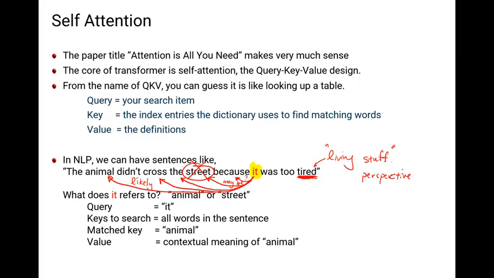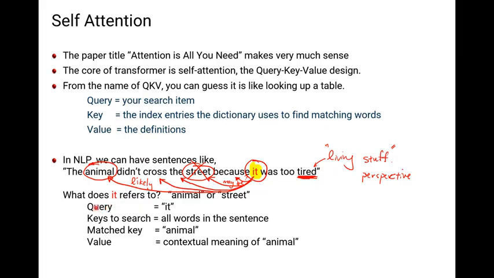In this case, we can tell the best option, the best association with this "it", is animal. Okay. So in other words, we can think of it this way.